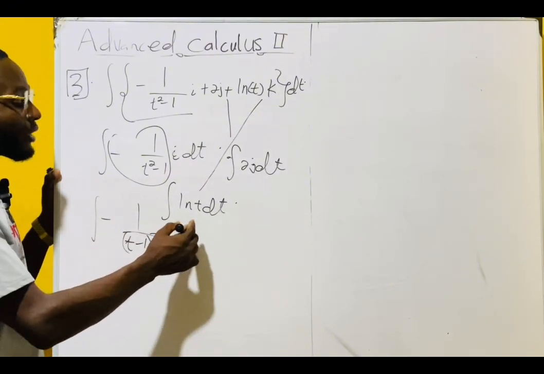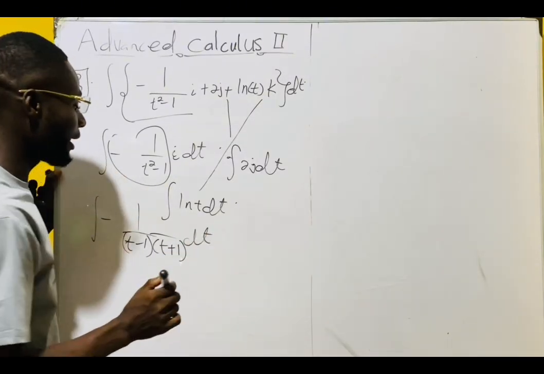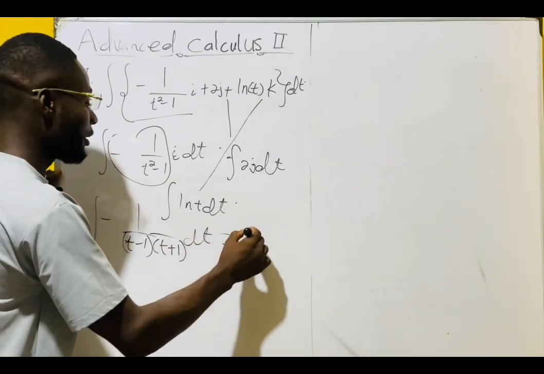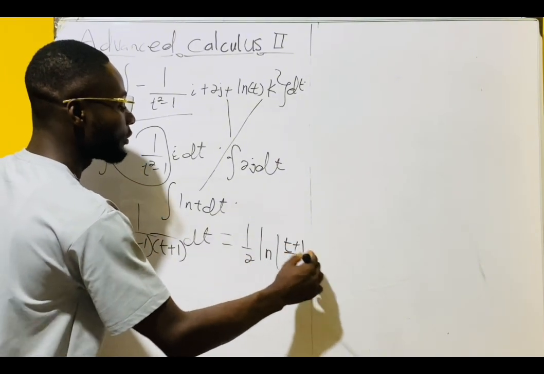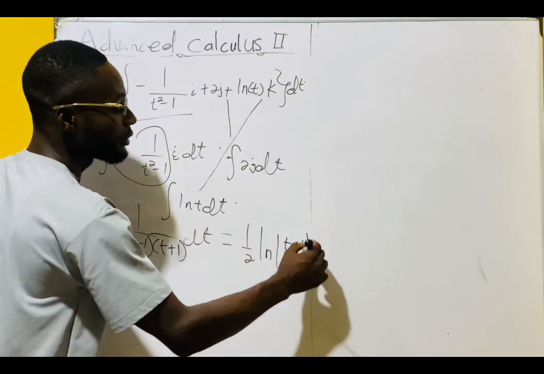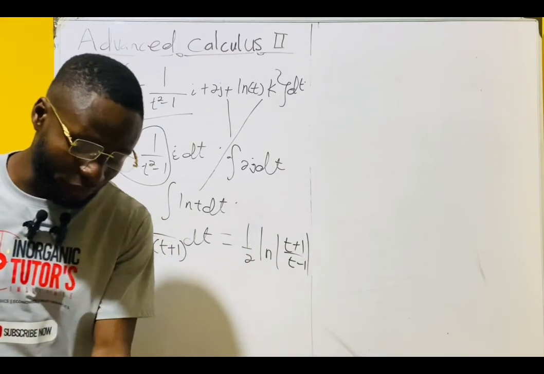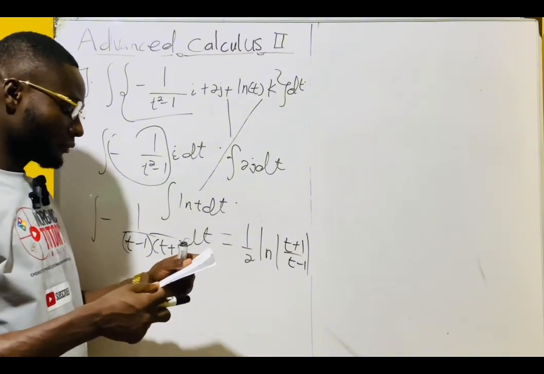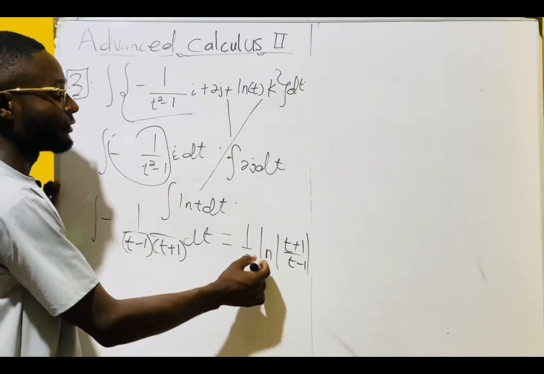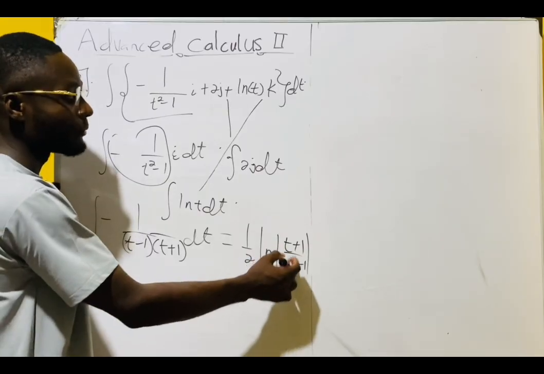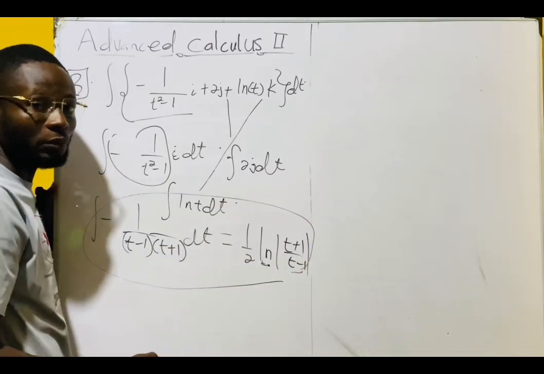When you integrate it well, you're going to have half ln of (t plus 1) over (t minus 1). So that will be the result for the i component.